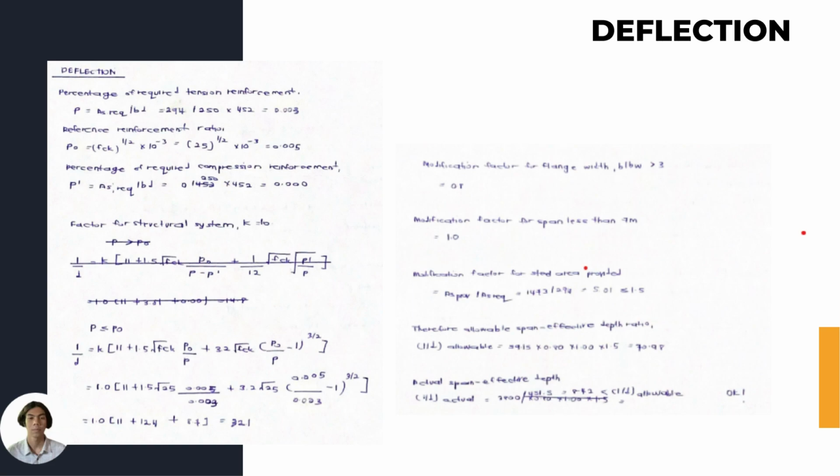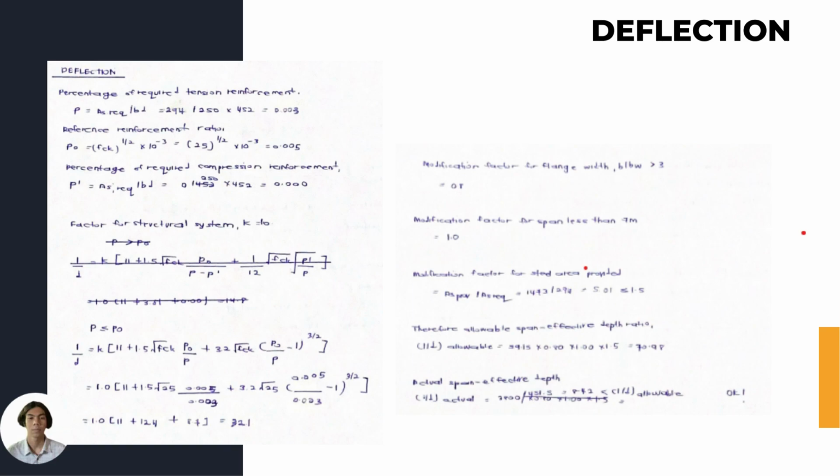So we use formula P less than P naught. So the answer is 32.1. Modification factor for flange width is 0.8. Modification factor for span less than 7 meter is 1.0.